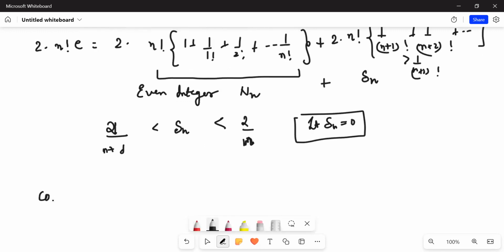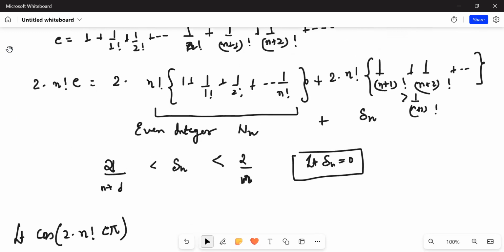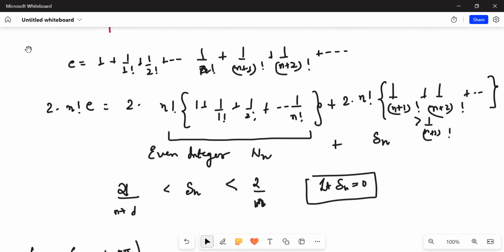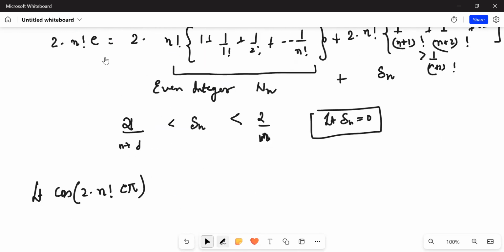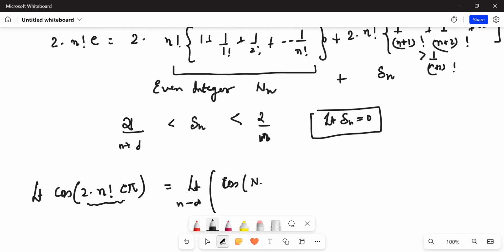Now let us pay attention to the question. What was asked was limit of cos of 2 times n factorial e pi. Having written 2 n factorial e, this is equal to limit n tends to infinity of cos of Nn plus del n times pi. Understand that this Nn is an even integer.